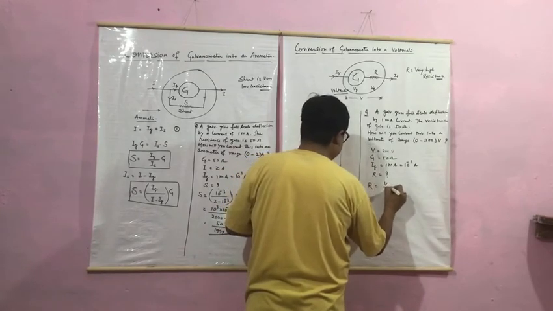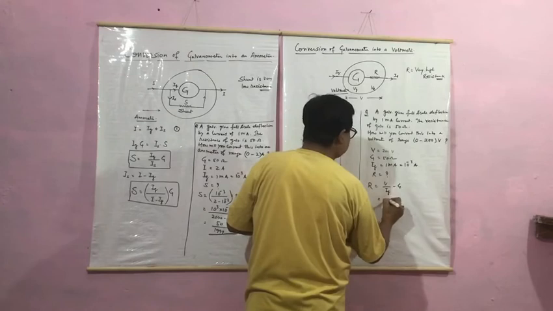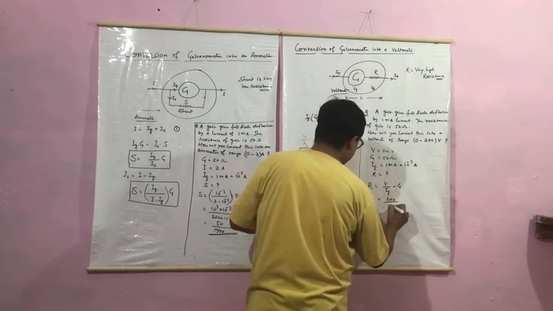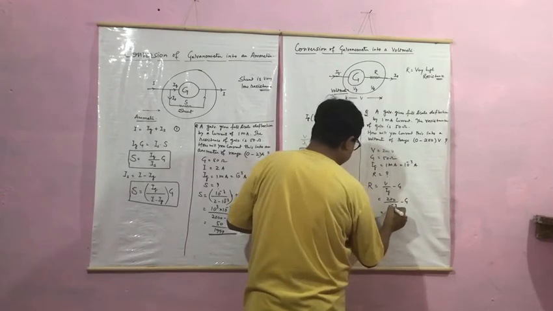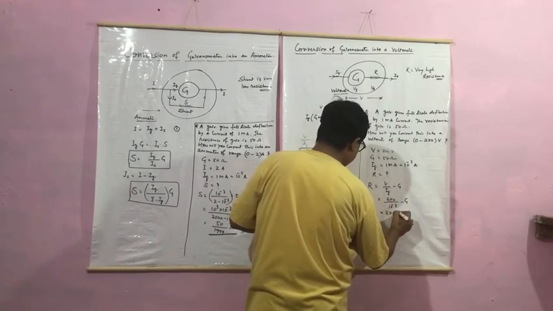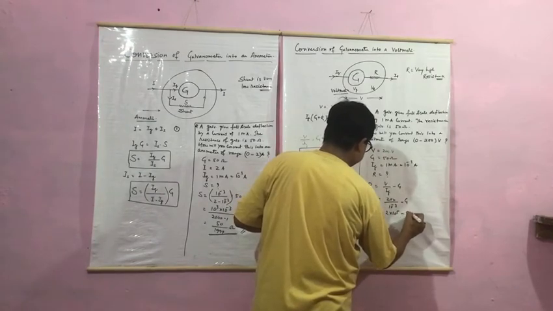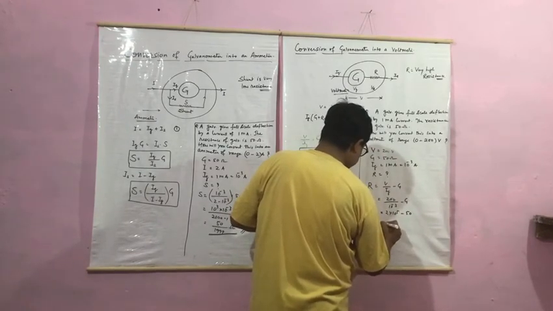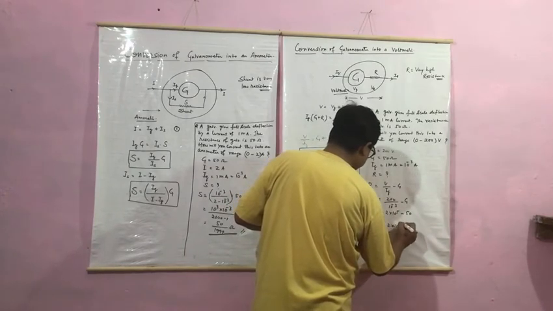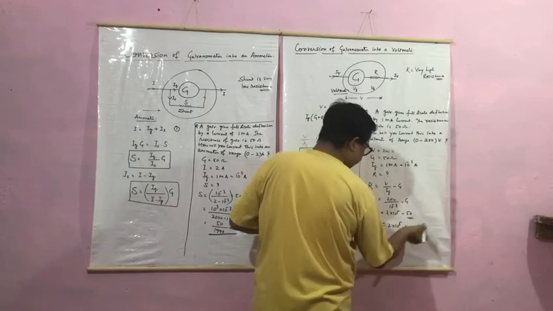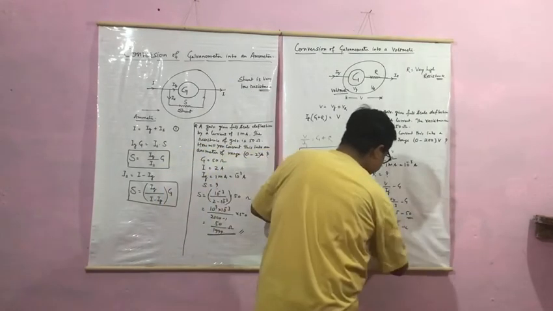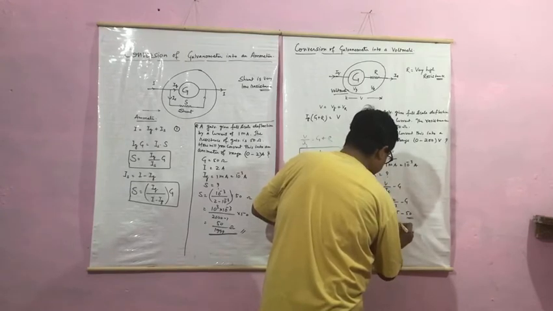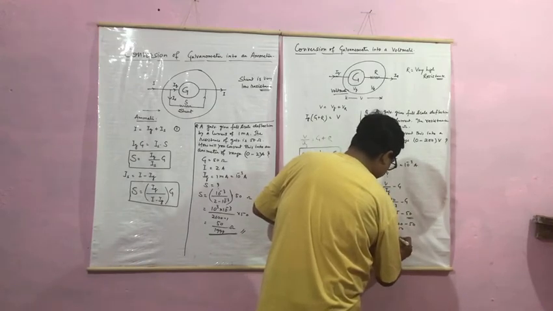R is equal to V upon Ig minus G. So this is 200 upon 10 to the power minus 3 minus G. So this is 2 into 10 to the power 5 minus 50, which is approximately 2 into 10 to the power 5, so 50 can be neglected, or we can solve it exactly.